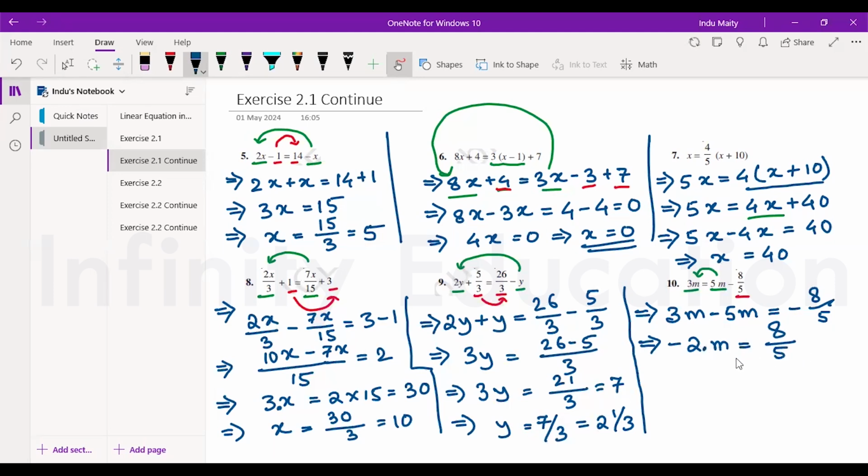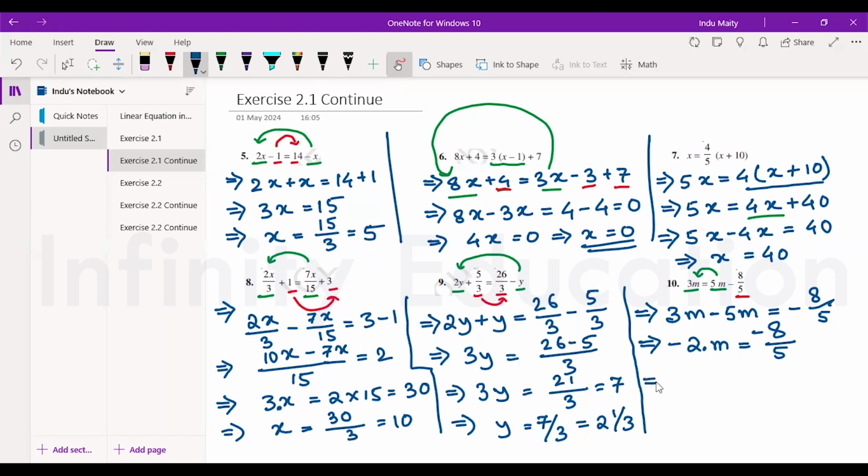Now, this negative 2m, the question is, should I divide by positive 2 or negative 2 on the right side? In this type of case, we should always divide with negative 2. Why? Because I want the variable to be independent without any negative or any coefficient.